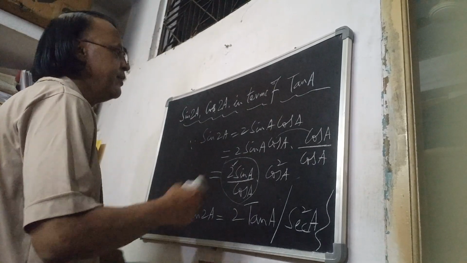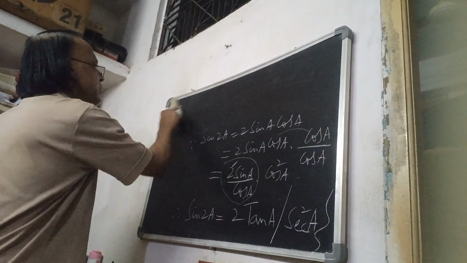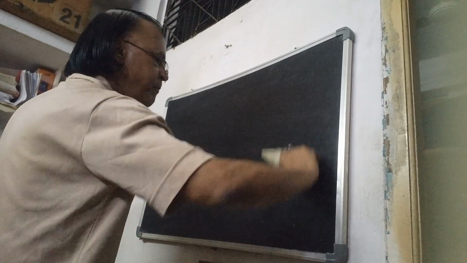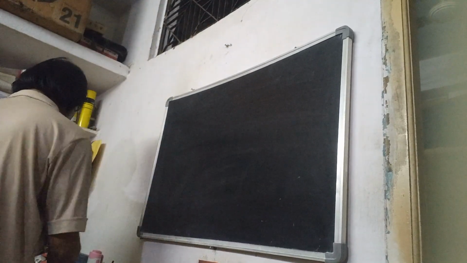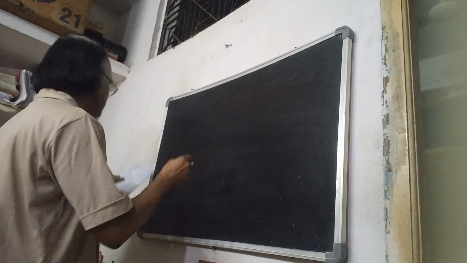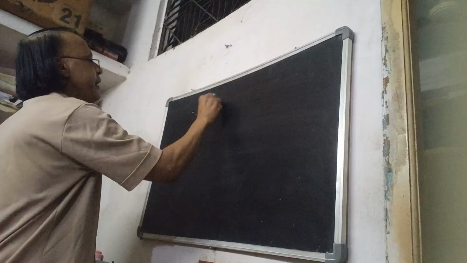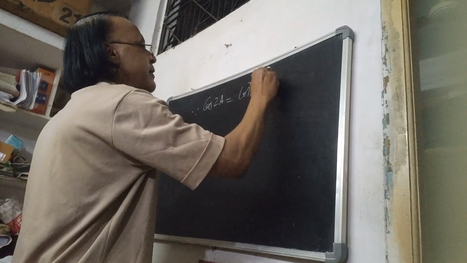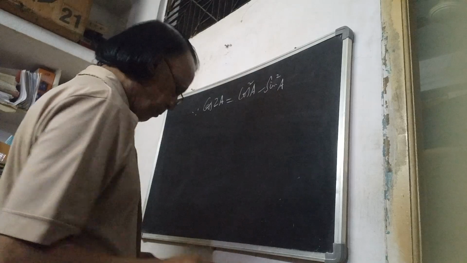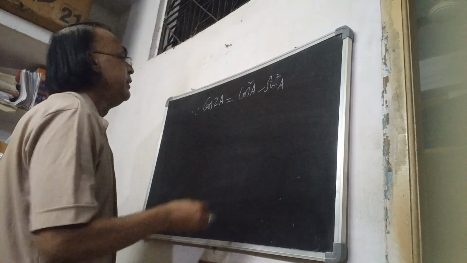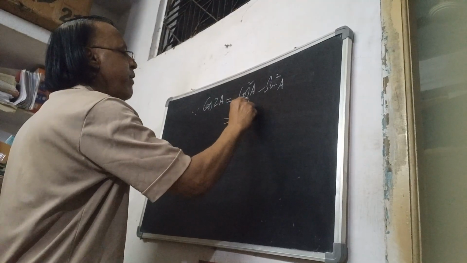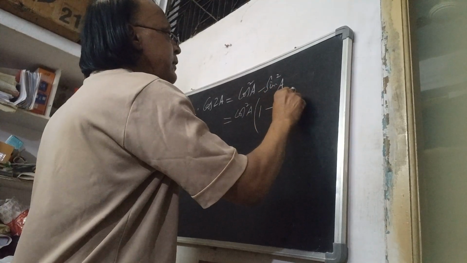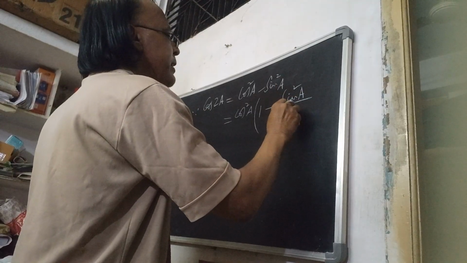Next, cos 2a. Since cos 2a is equal to cos square a minus sin square a, taking cos square a common, you will get 1 minus sin square a by cos square a.